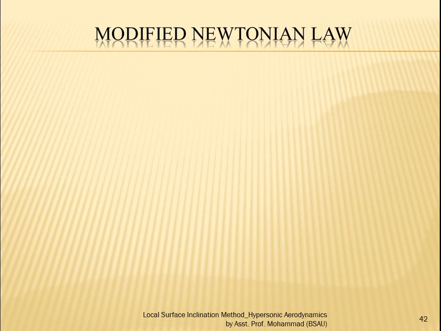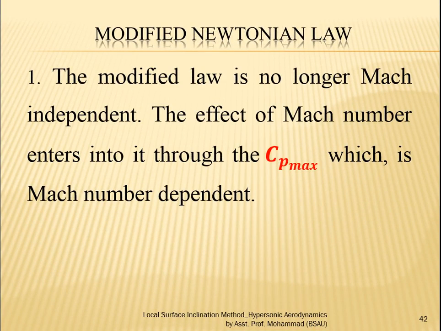The modified law is no longer Mach independent. When we saw the straight Newton law, it was not modified, and that law was actually Mach independent. Mach number was only affecting implicitly: high Mach number gives a thin shock layer, which simulates the idea of a flat plate being impinged by fluid particles.